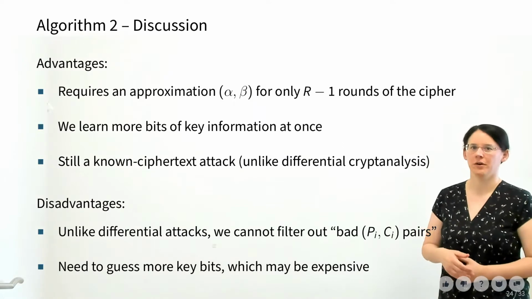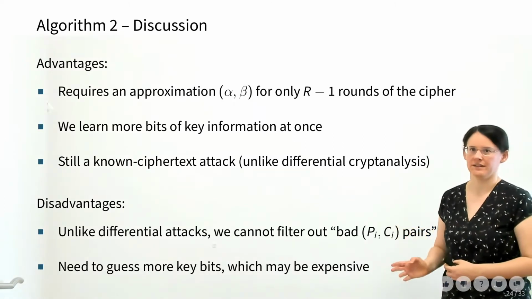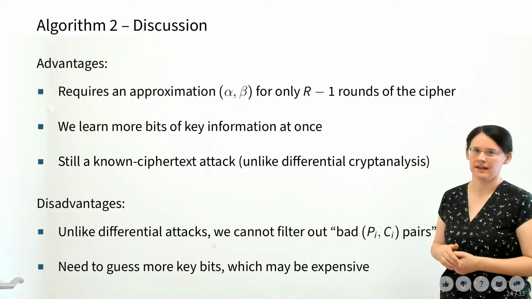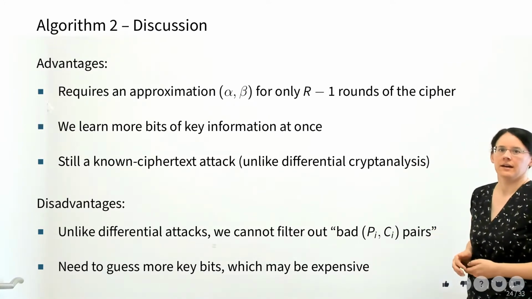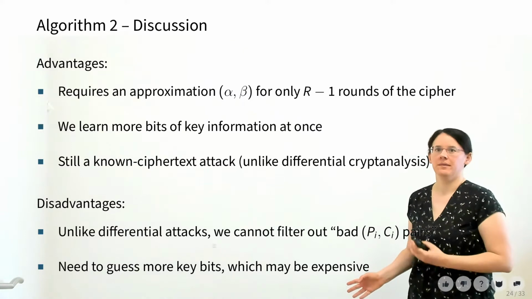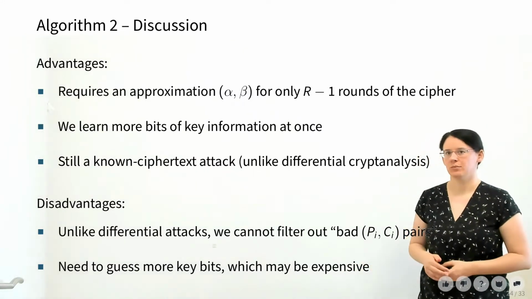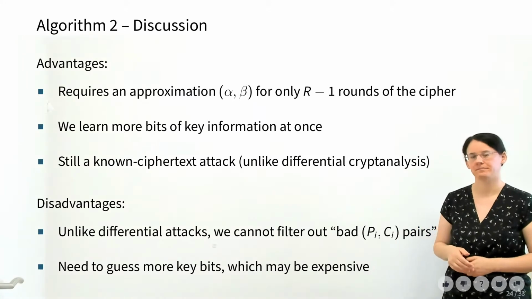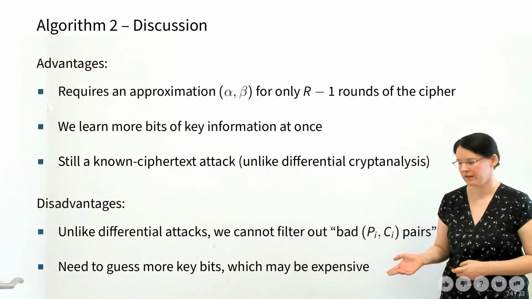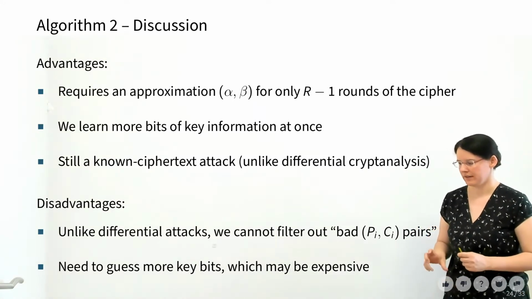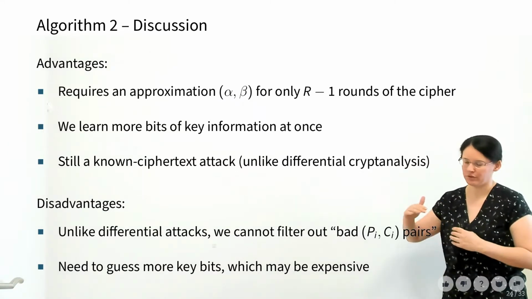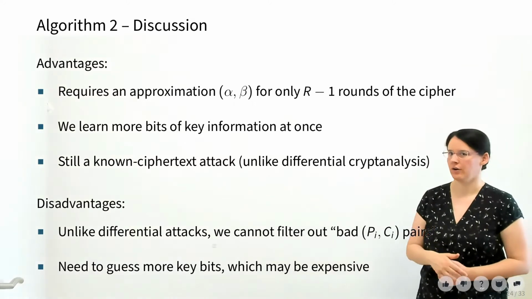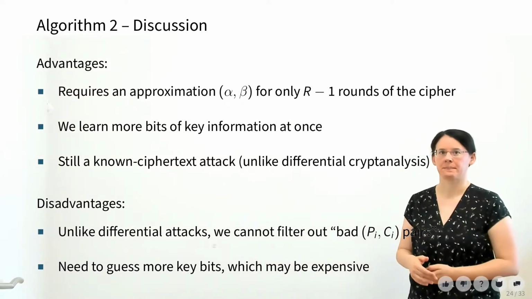That's unfortunately not possible here. I really need all the data, so the total complexity of the attack is higher. And compared to algorithm 1 before, I need to guess more key bits, which increases the complexity again. So the number of active bits in the cipher one round before the ciphertext is also a very important metric to judge how good a characteristic is.